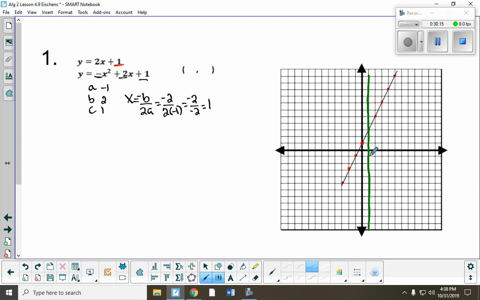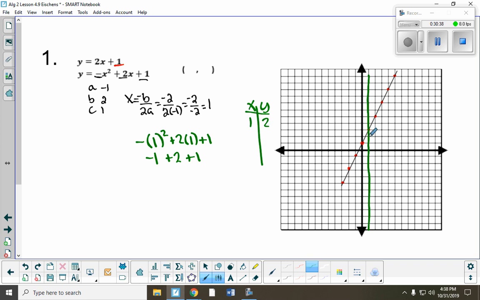So your axis of symmetry is at 1. So let's substitute that in and see what we get. So we'd have negative 1 squared. Remember that negative is outside the parentheses. It's not getting squared. So that's negative 1 plus 2 plus 1. So that's 1 plus 1, you get 2.